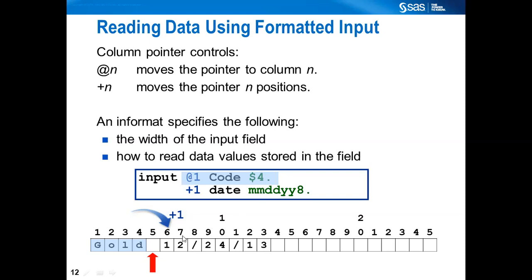In our raw file, the value is stored in the form of mmddyy, and it should read till 8 places. This is a character value, it should read 4 places. All right, so these are the instructions with informat. So this is the definition of informat.